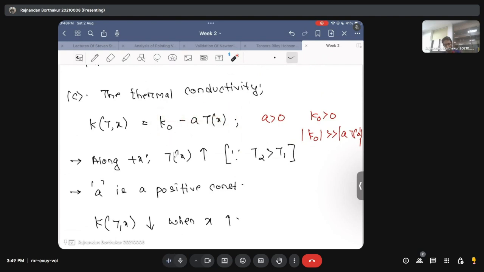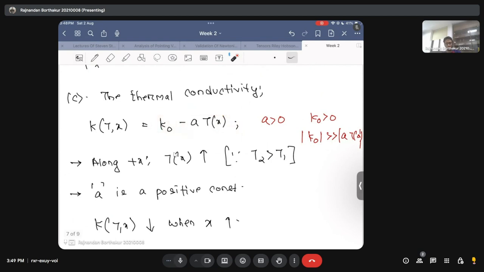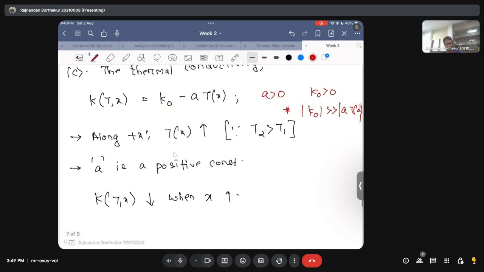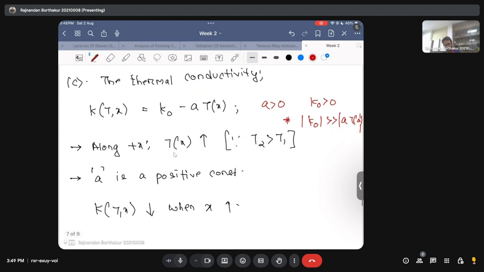Even if this quantity lowers the thermal conductivity as x increases, the absolute value of this will not exceed the absolute value of k naught. So this is one more assumption that you can infer when you say that your thermal conductivity will decrease with x when you move along the plus x direction. Okay, all right. So that's how the thermal conductivity varies. I hope you are with me so far.